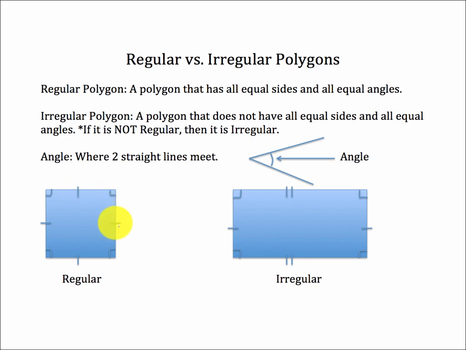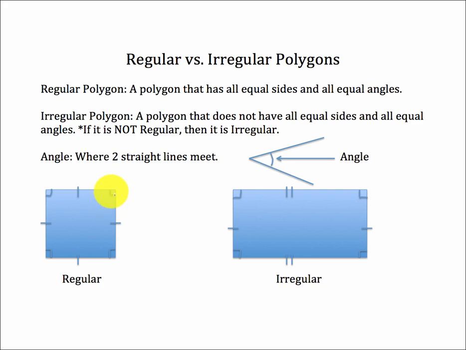It means that this side is the same as this side, and this side. Okay, so right now we know it has 4 equal sides, which could mean it's either a square or a rhombus. But what tells me that it is a square is these little symbols here, they tell me that these corners are right angles or square angles.